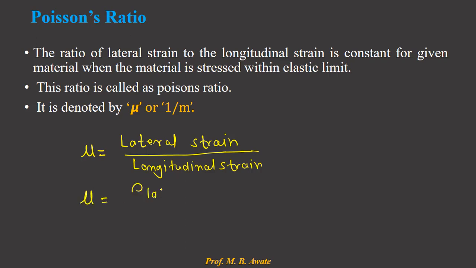So mu is equal to E lat, which means lateral strain divided by longitudinal strain, or someone may write mu is equal to lateral strain divided by linear strain. Okay, and this is nothing but Poisson's ratio, and its notation can be mu, or sometimes we can use the notation 1 by m.